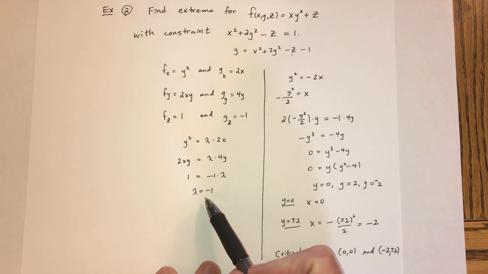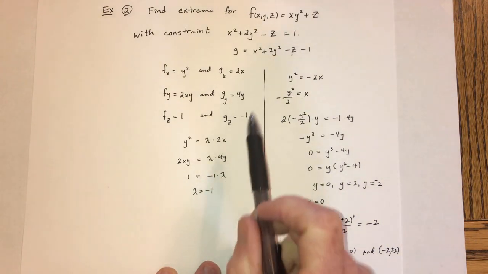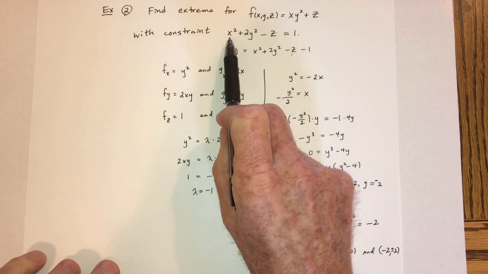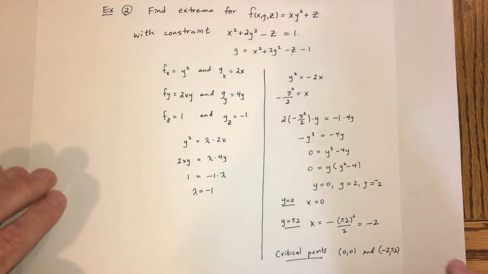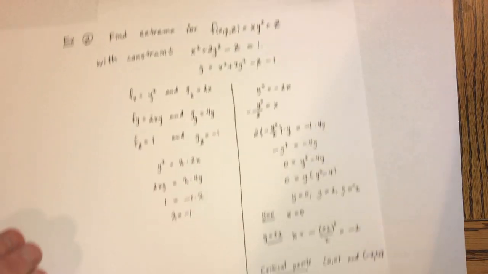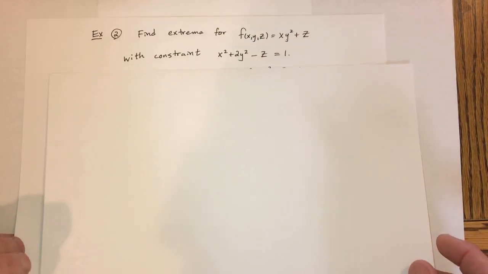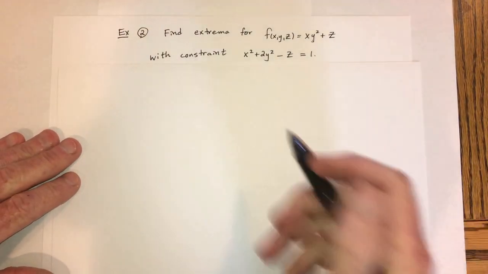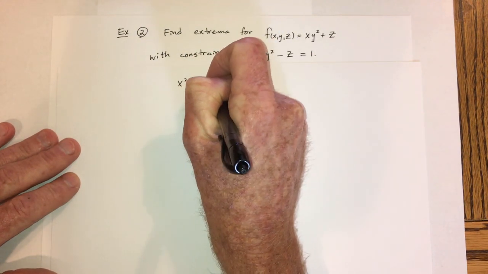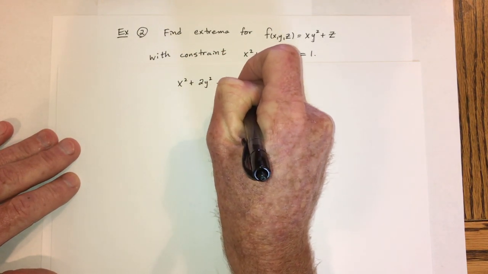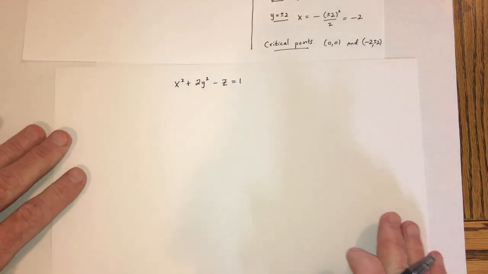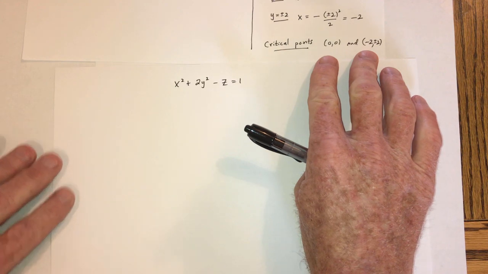So none of these have z in them, so we're going to need to go back to this equation right here and substitute in for x and y, and then find out what z equals. So using this equation, x squared plus 2y squared minus z equals 1. And then substitute in these points.